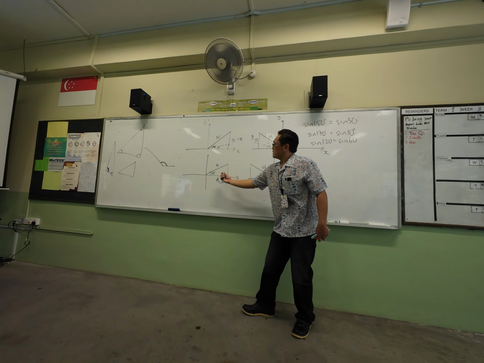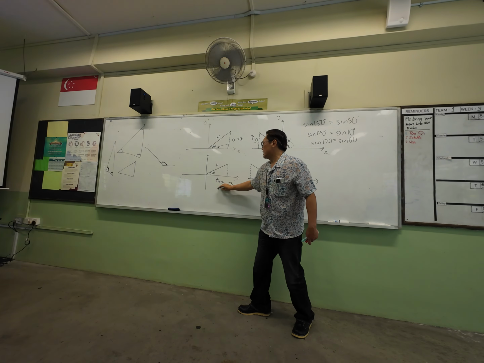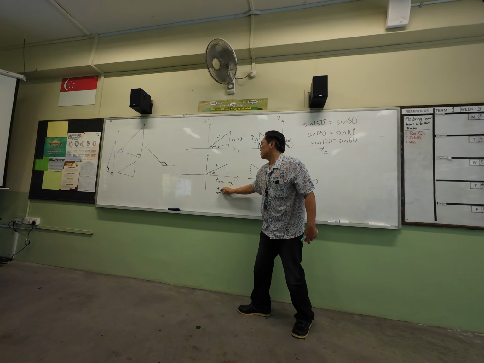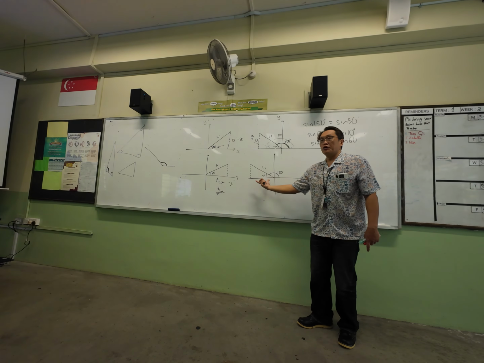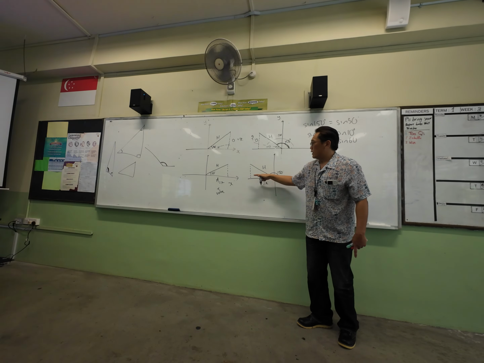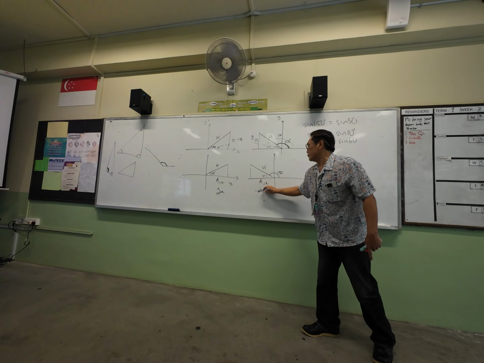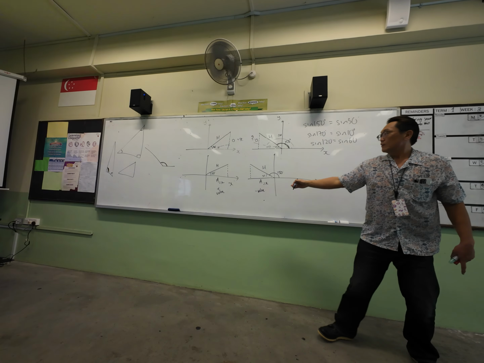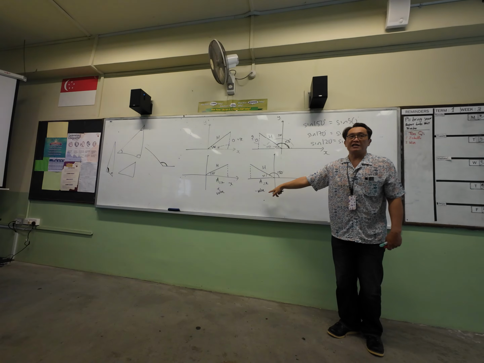So this x coming to the right hand side is a positive value. But for the same value, this x is going towards the left. So this is actually a negative value. The value is the same, but one is positive, one is negative.